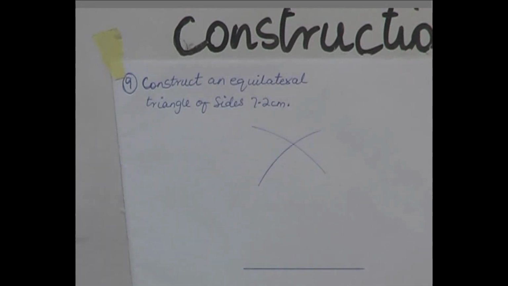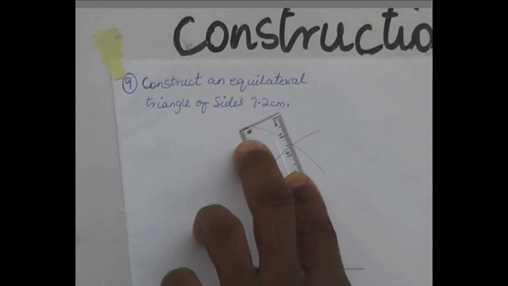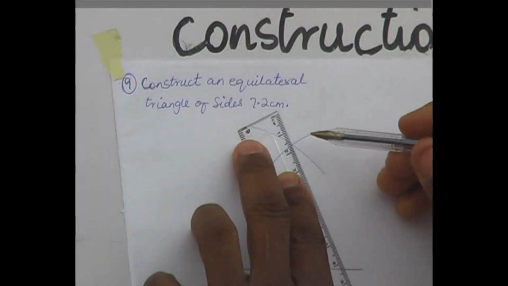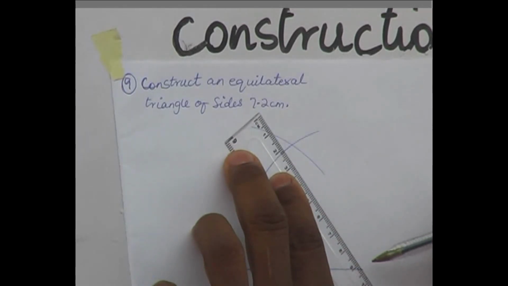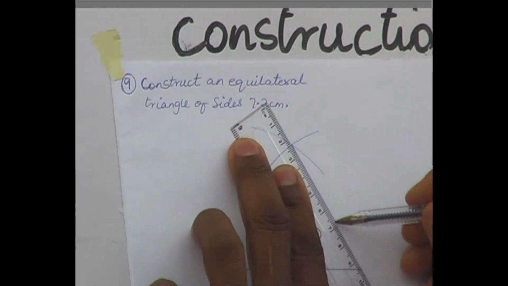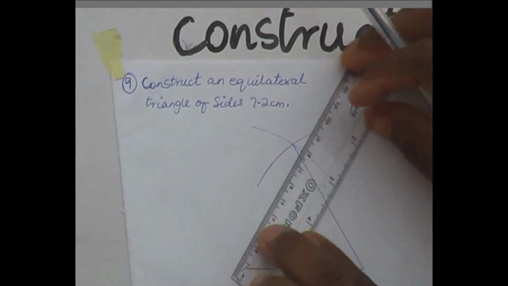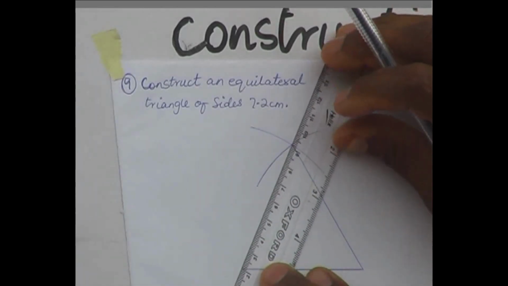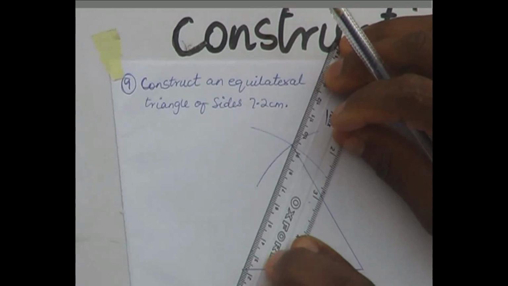Now use your ruler and pencil. Join the point of intersection of the 2 arcs with the ends of your horizontal line, one after the other. Join this, and join the other end to the point of intersection of the 2 arcs.